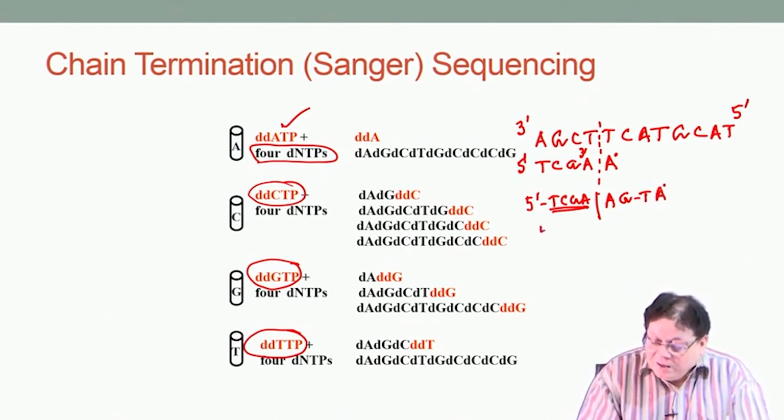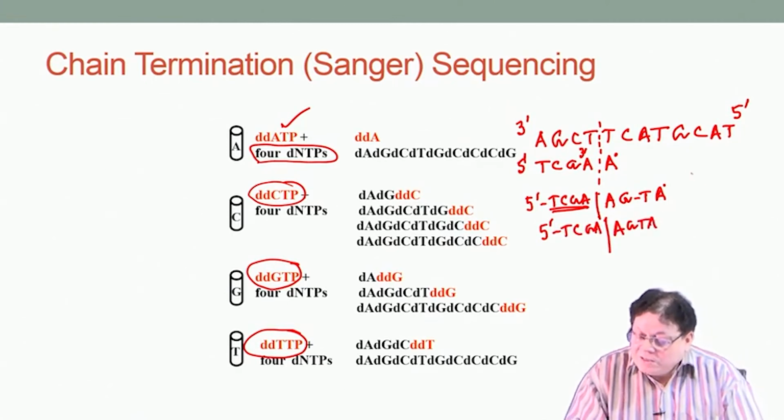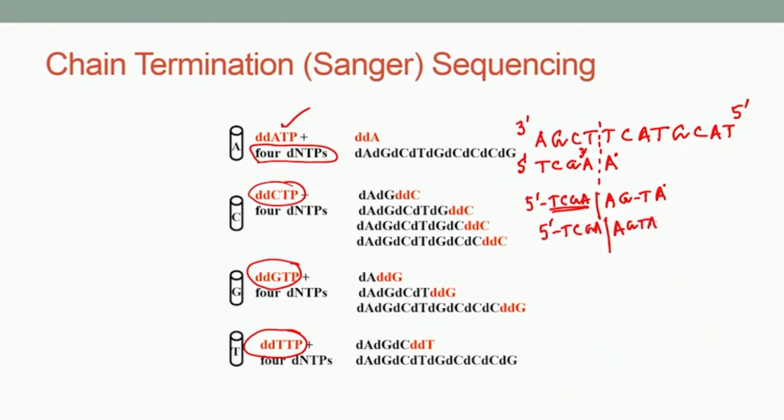And finally, the 5 prime TCGA, that is the primer, then AGTA. So, you just see whether there is a requirement of A anywhere else. So, up to this point is okay, and then C, then G, then T, and then there is a termination. Okay. So, I will get 3 pieces in the first test tube where I have added ddATP.